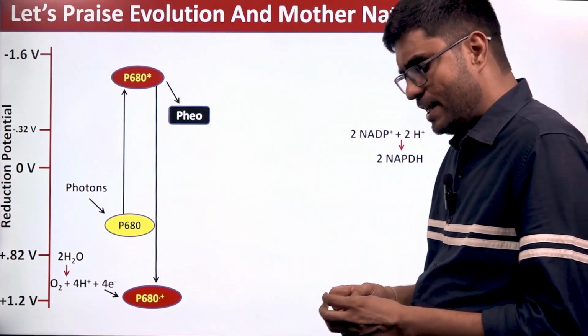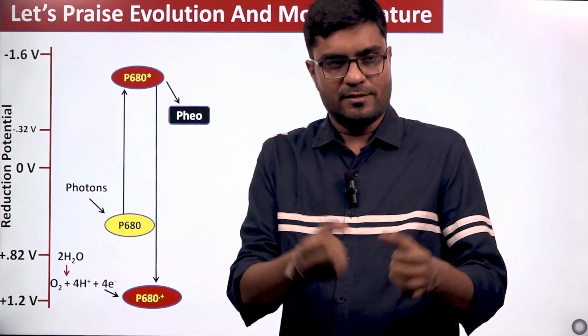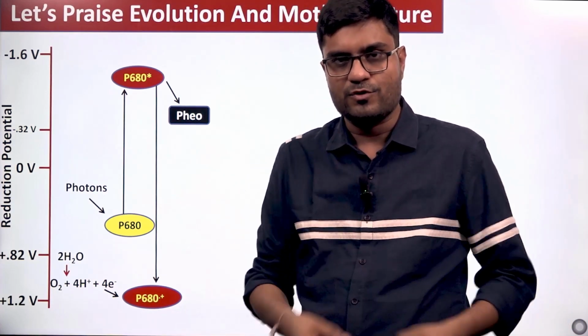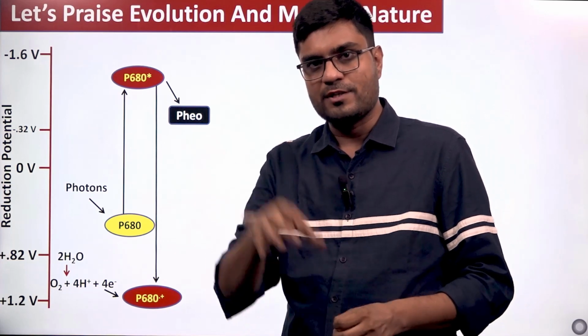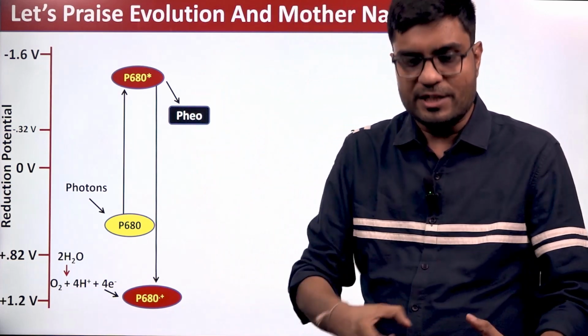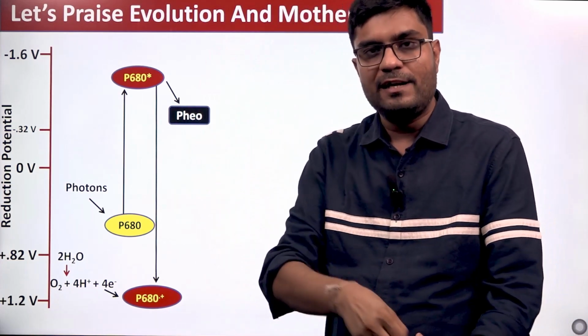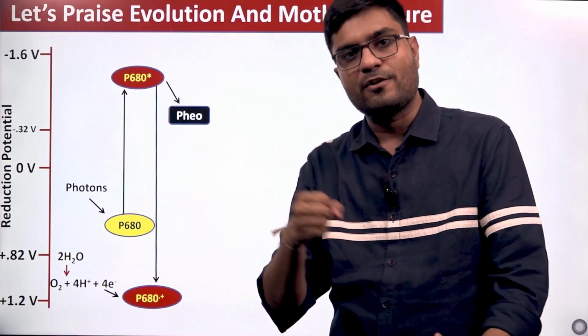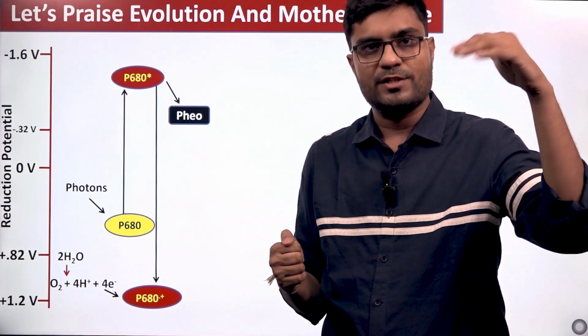When the electrons are present in the inner shell, they are near the nucleus. The attraction force of the nucleus on the electron is high, so it is difficult to take them out. Difficulty in taking the electron out means, of course, the reduction potential is high.